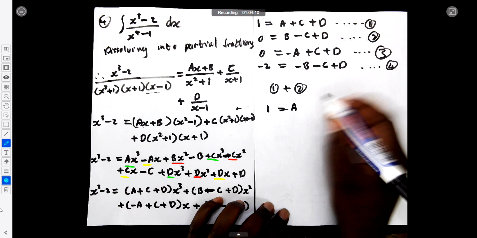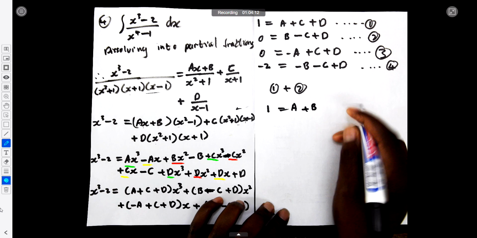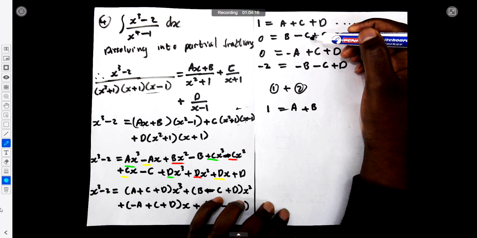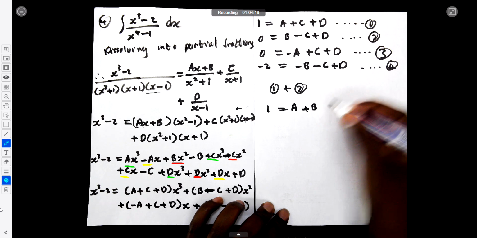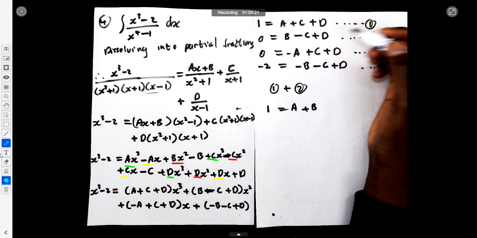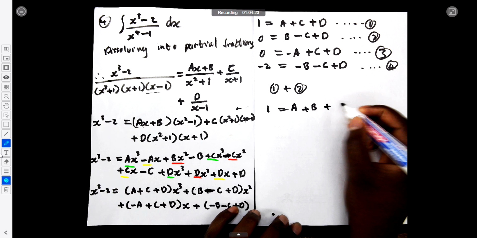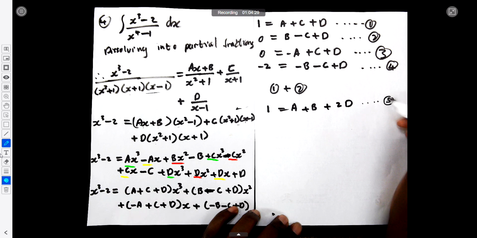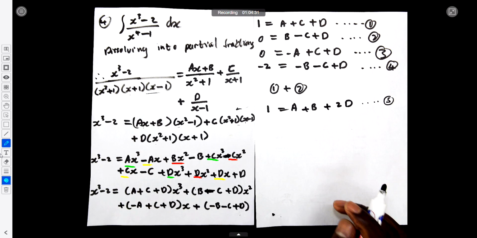Therefore, B doesn't have a like term, we still have B. So therefore, C minus C, it's out. And therefore, D plus D gives us 2D. So we have created equation 5.